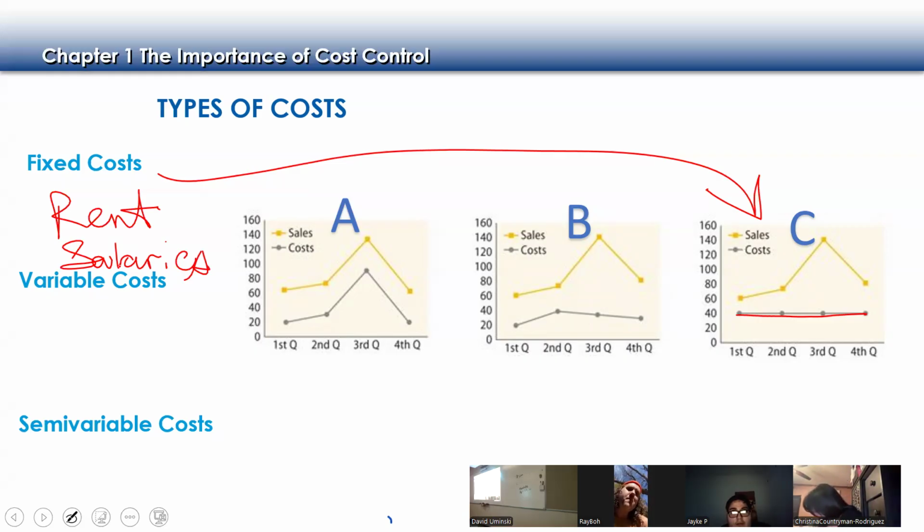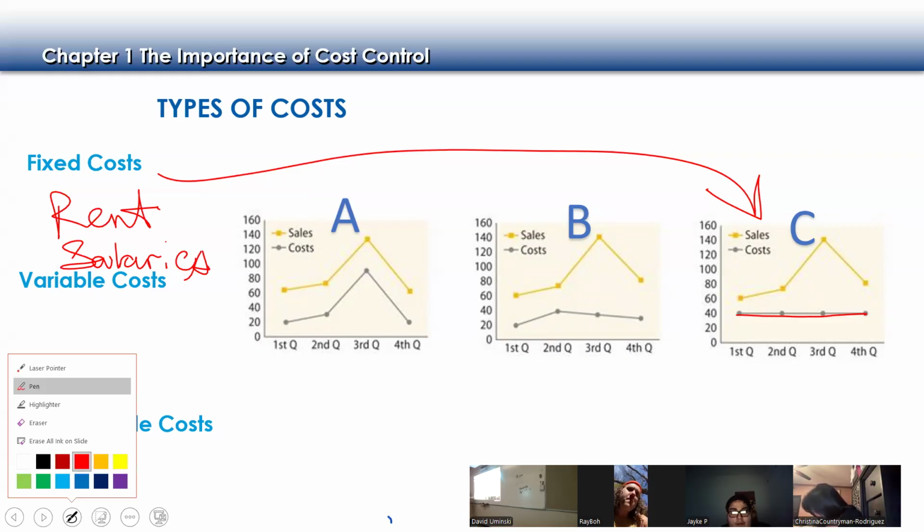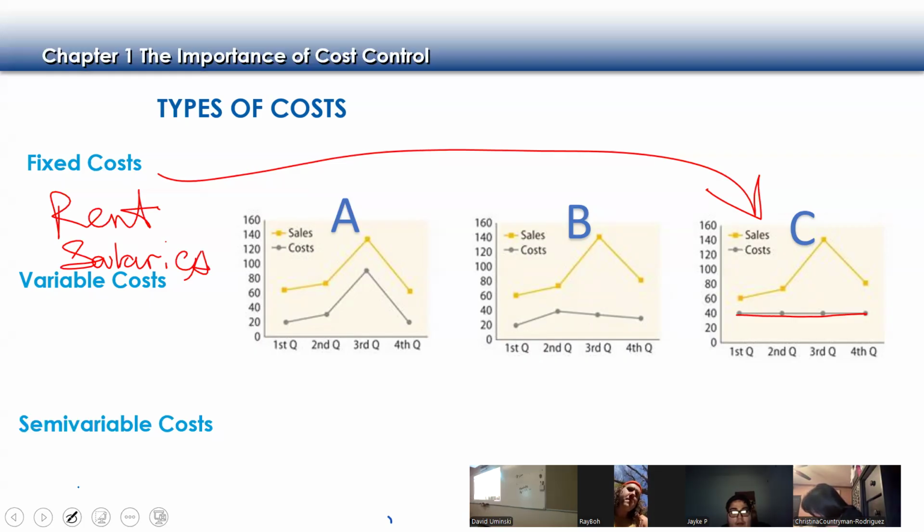Okay. Variable cost. Which one represents variable costs? Let's say it out loud. Not B, it is A. Variable costs. You see how the distance between these graphs, these different points, is basically the same distance all the way?